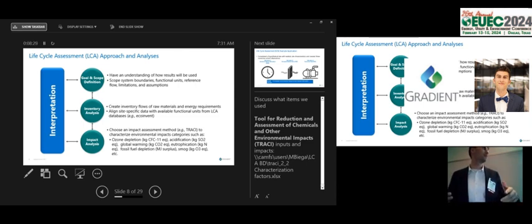The next step would be choosing an impact assessment. So you're going to target different environmental impacts that may be important to stakeholders. And there's really a good amount of impact categories that can be automatically calculated for you as soon as you align data into a database.